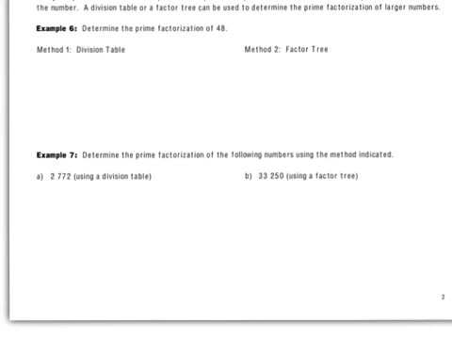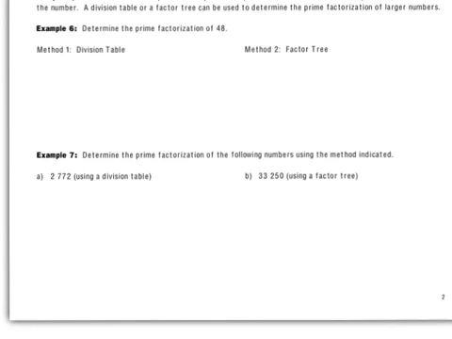I'm going to show you guys both methods, but I prefer the factor tree method, and I don't particularly care which method you guys like, as long as you're comfortable with both and understand what they're all about. So let's look at a divisibility table and how that works.